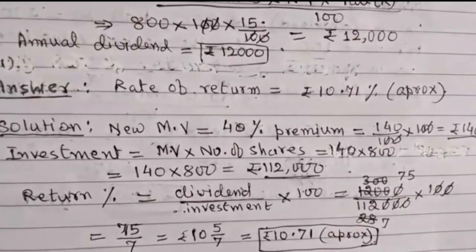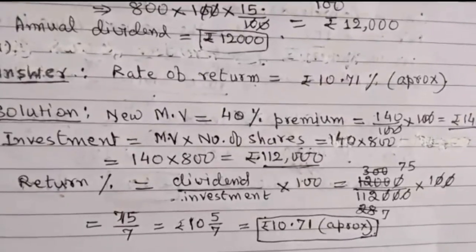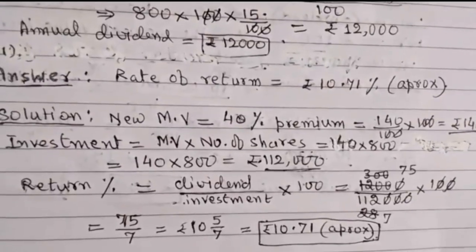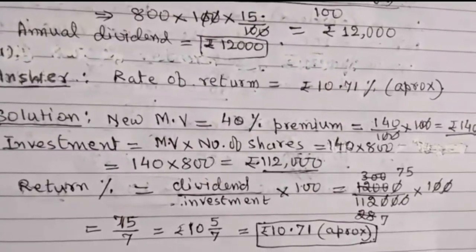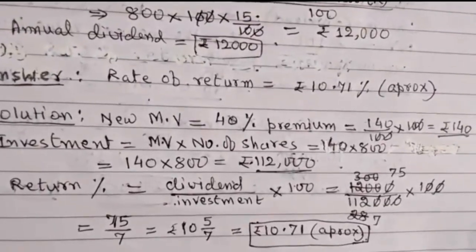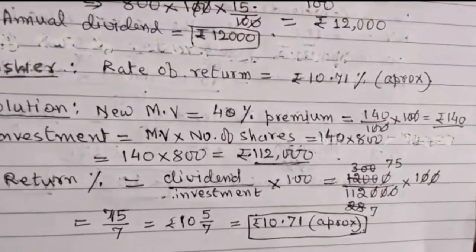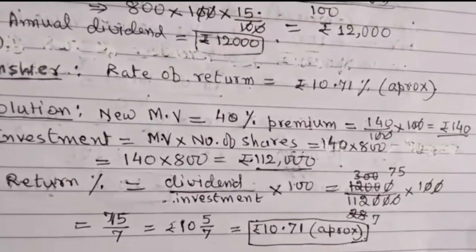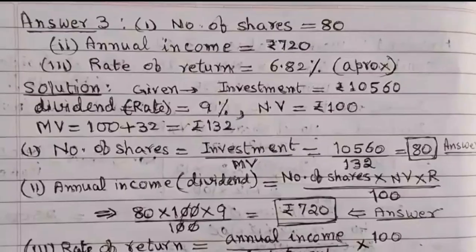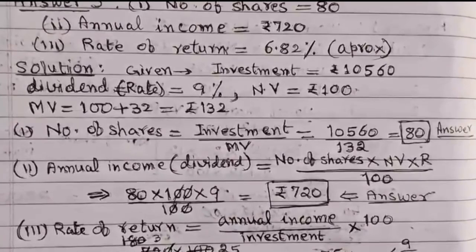So investment becomes rupees 112,000. Rate percent is total dividend divided by investment into 100. That is 12,000 divided by 112,000 into 100. We get 10.71 approximately.